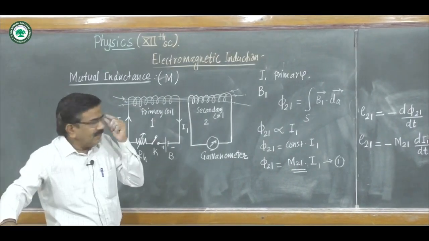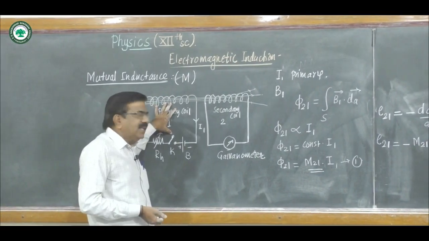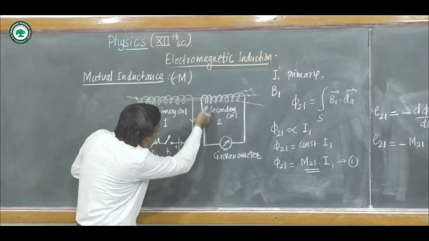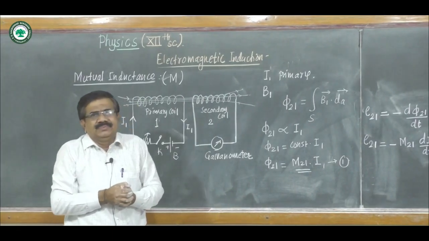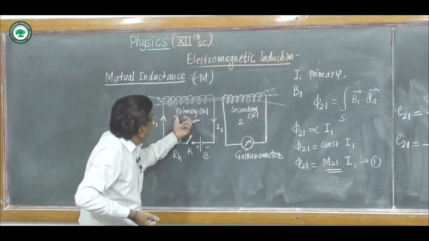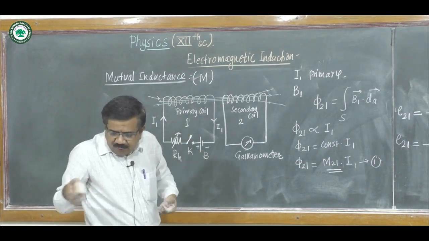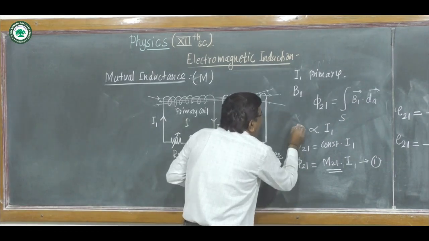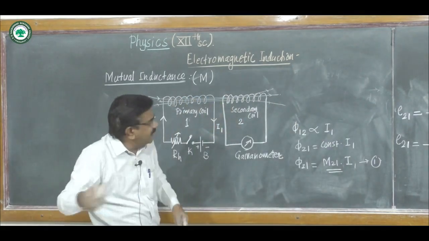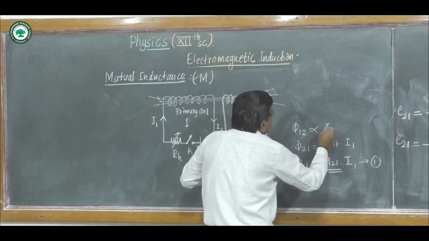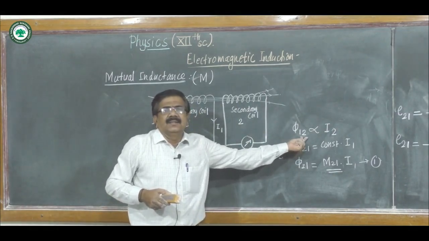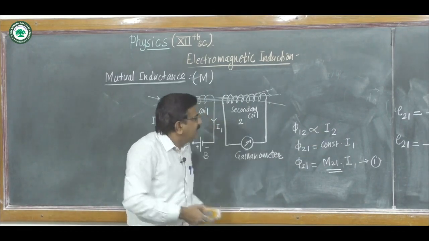Similarly, instead of current flowing in the primary coil, if we consider current flowing in the secondary coil, and suppose that current is I2, the flux produced in the primary coil is phi 12, and it is directly proportional to the current in the second.